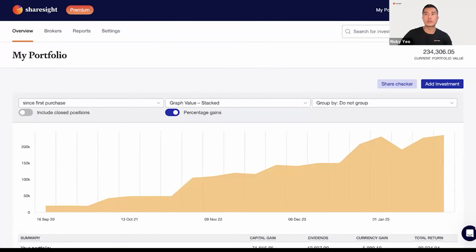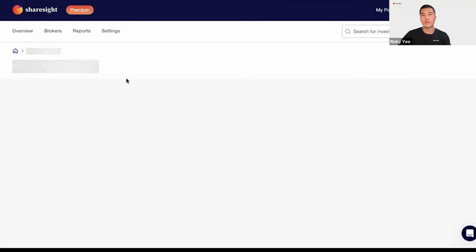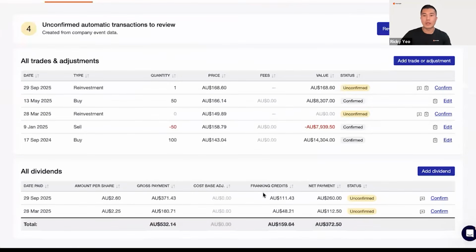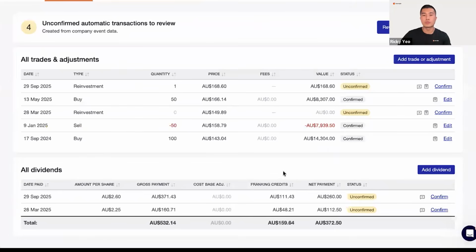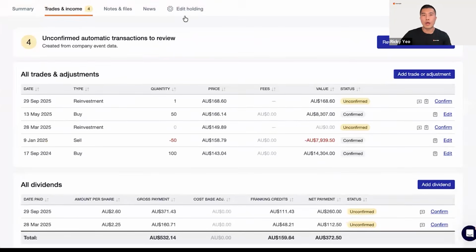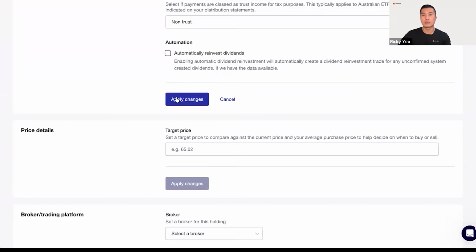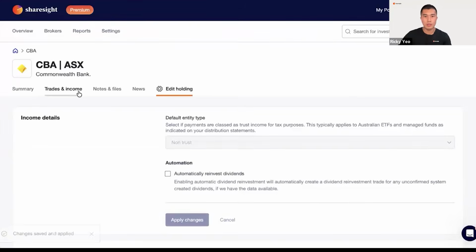Okay, so this one goes back to the DRP. So this one I mentioned just now. If you have dividend reinvestments that start somewhere in the middle rather than at the beginning, you have to apply the DRP after you've confirmed. So I'll remove the auto DRP for this CBA.